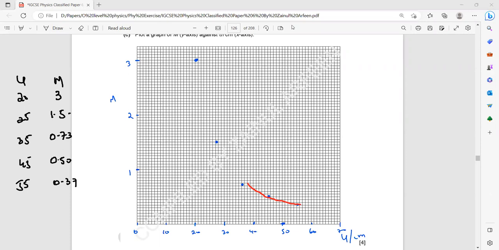When you're drawing a graph, use thin lines and don't overwrite, draw a line one time. Use thin lines whenever you're marking a position for the graph. So this is a graph between magnification and u.